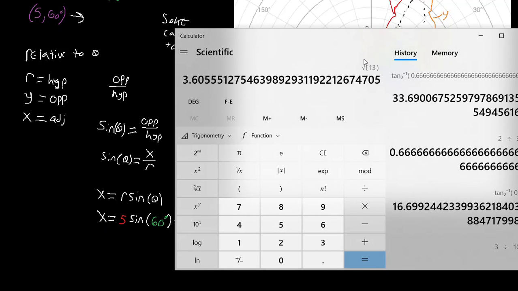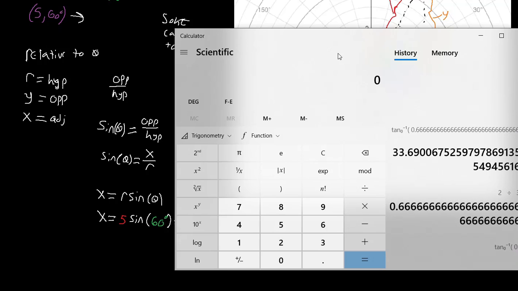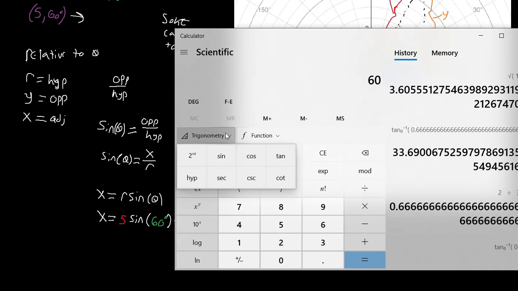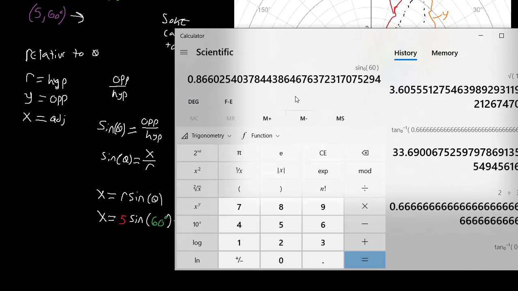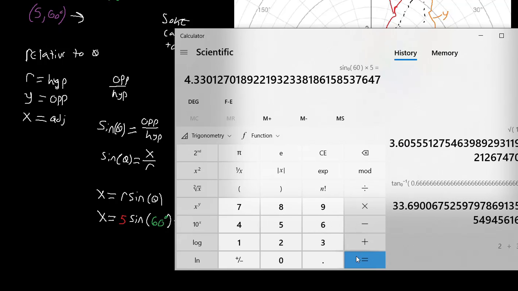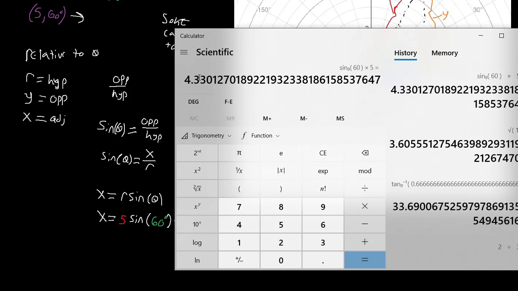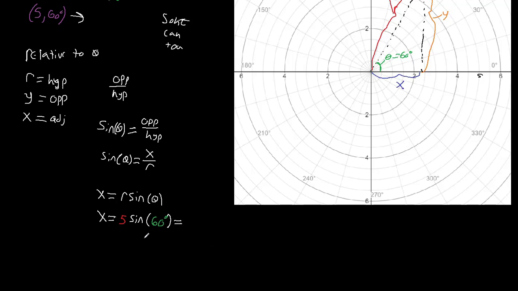So if we pull up our handy dandy calculator here, we hit delete. If we type in 60, make sure that we're in degree mode. Trigonometry sine. Our sine of 60 degrees is 0.866, etc. Then we're going to multiply that by 5. It's going to give us 4.33 approximately. So we now know that our x value is going to be equal to approximately 4.33.